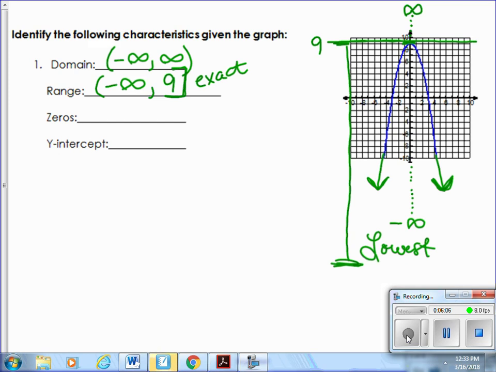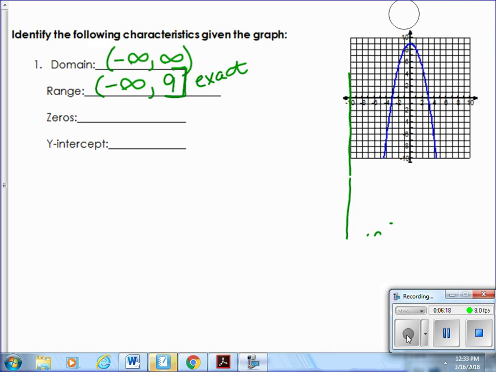Now, if we're talking about the zeros of a graph, then we're just talking about where this graph touches the x-axis. Zeros have a lot of different names. They can be called solutions, roots, or x-intercepts, but really all they're looking for is where this thing touches the x-axis.